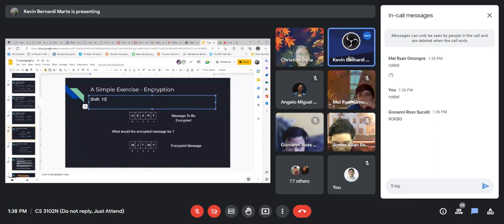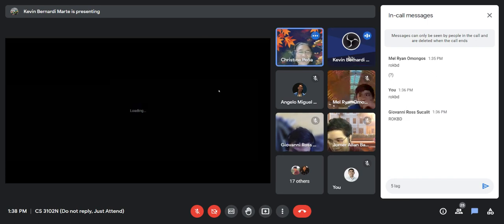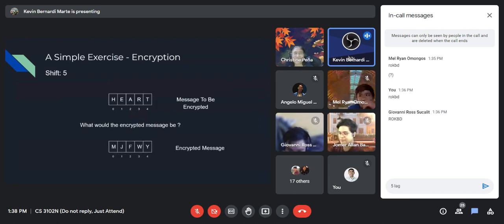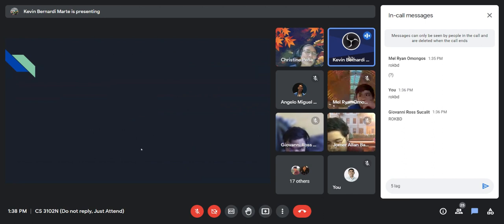Oh my gosh, wrong. This is a shift five version, so just change your answer. So shift 10 would be ROKBY, while a shift five here would be MJFYW. Sorry about that.